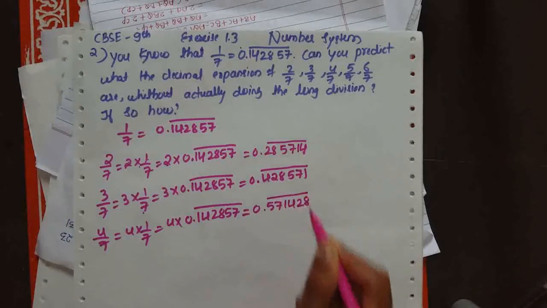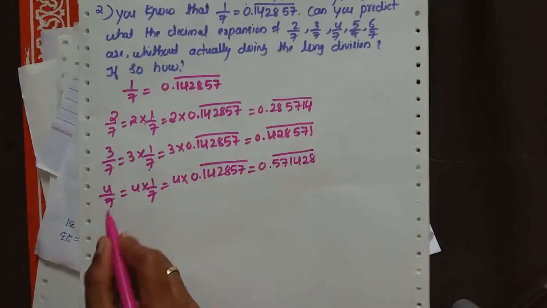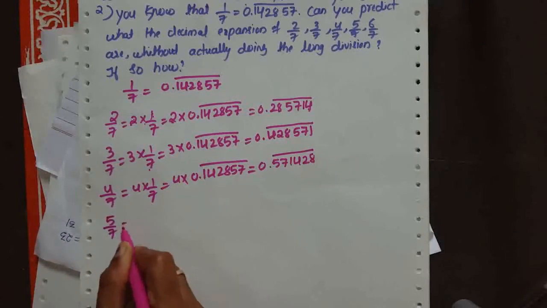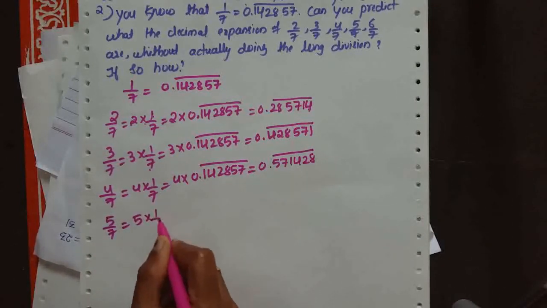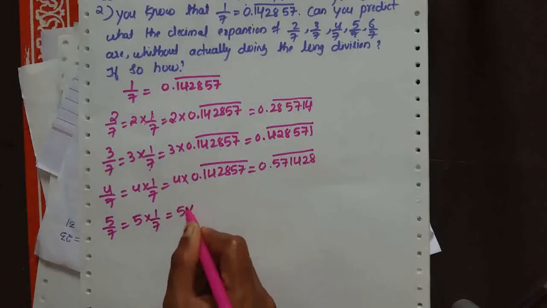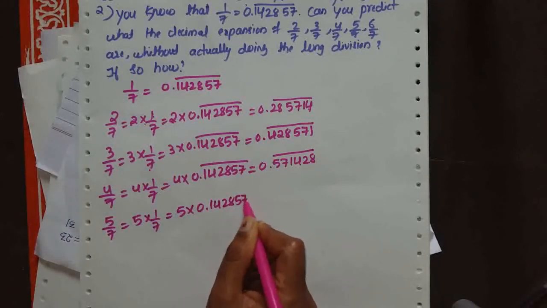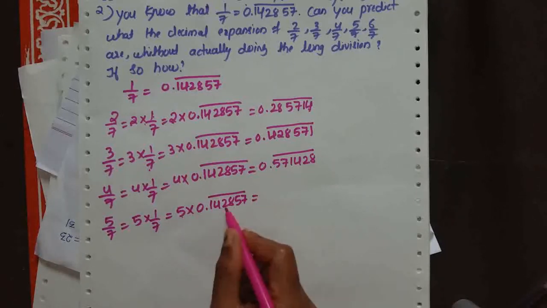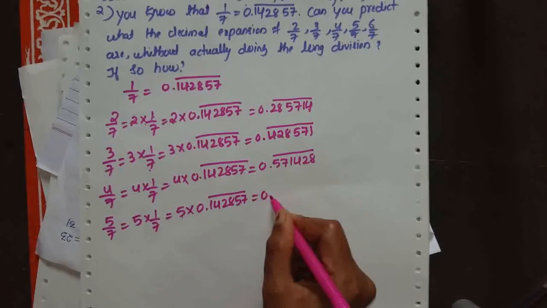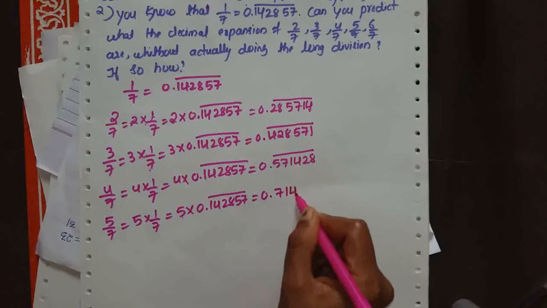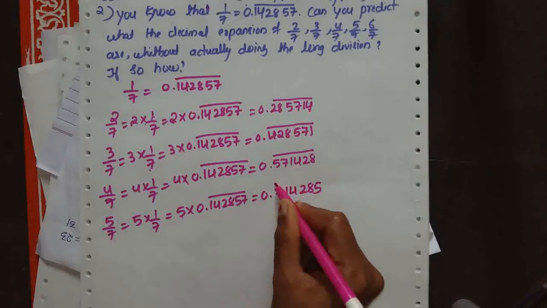Again next 5 by 7. This is 5 into 1 by 7, which is 5 into 0.142857. On multiplying by 5, we will get 0.714285.